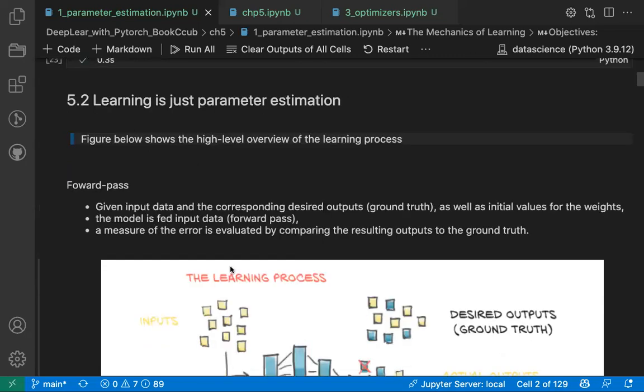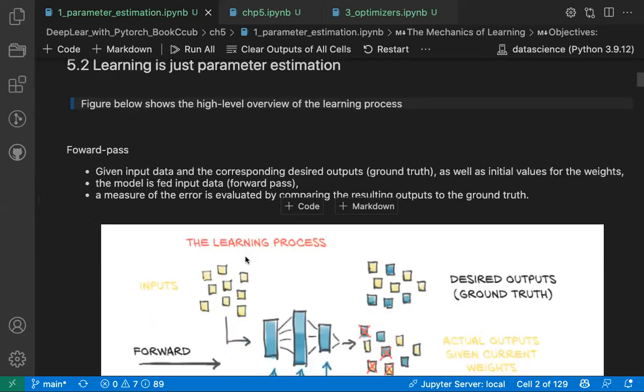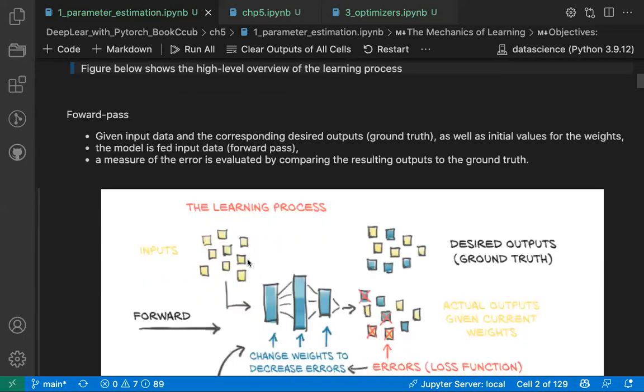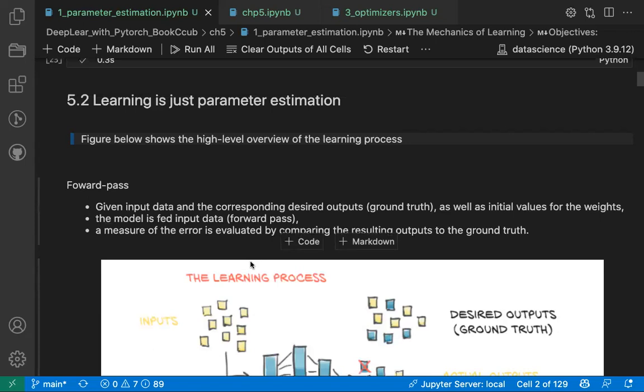What they try to start with in this chapter is the concept that when we say we are learning, deep learning, machine learning, whatever, what we are basically doing is parameter estimation.